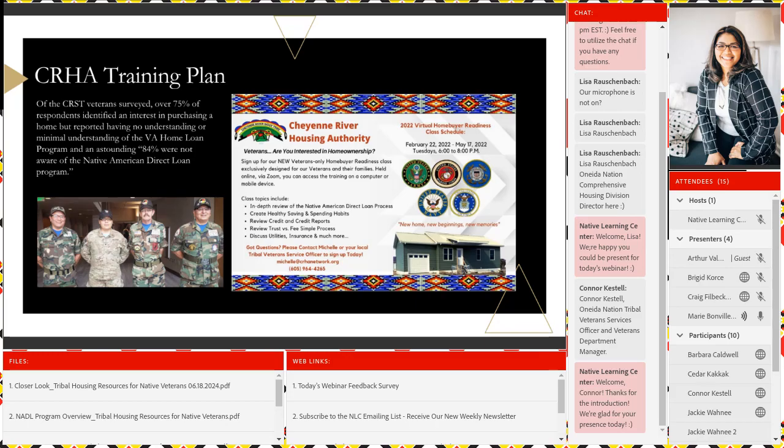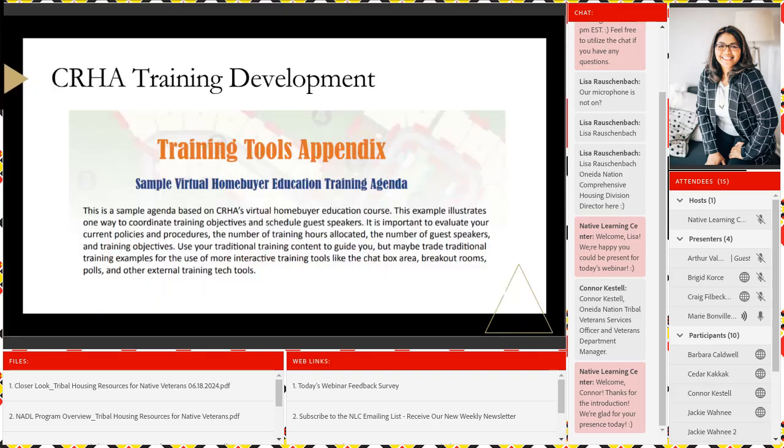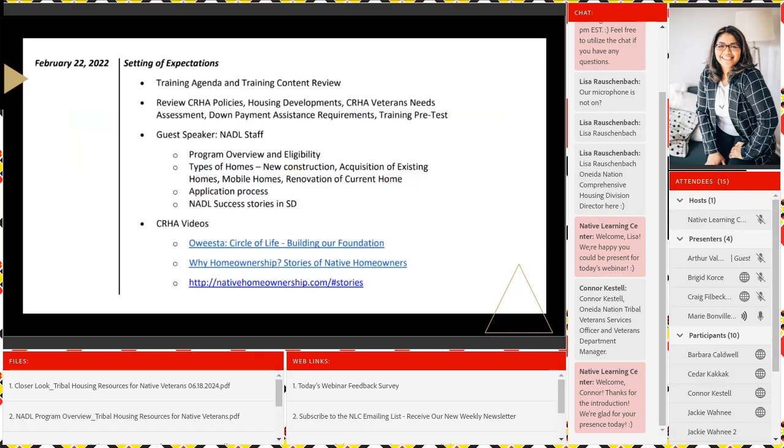Rather than doing one session, they were able to do 4 sessions and have an in-depth review on the process from eligibility to construction and all of those integral, important parts of what it takes to get a home built on the reservation. And so we were able to create our own little training tool that we could share with other tribes. So giving those best practices out to other communities.